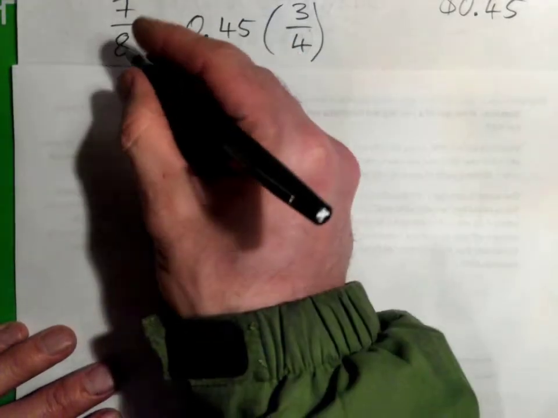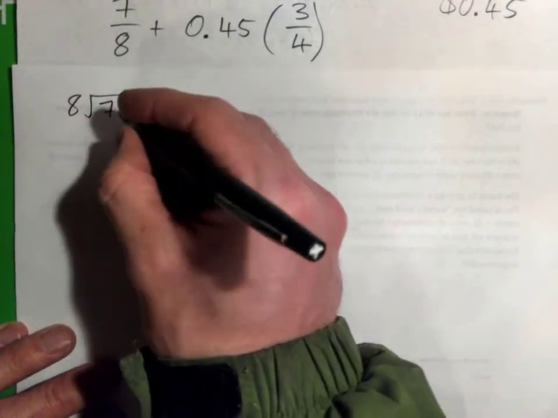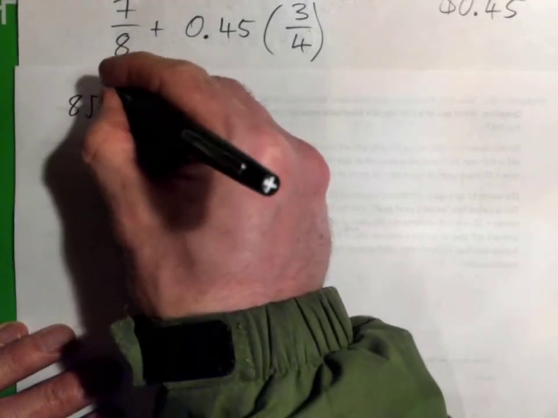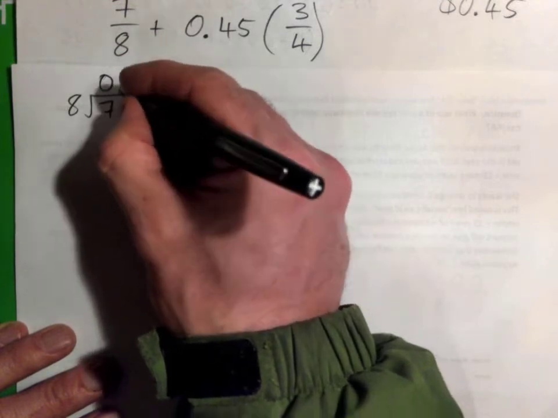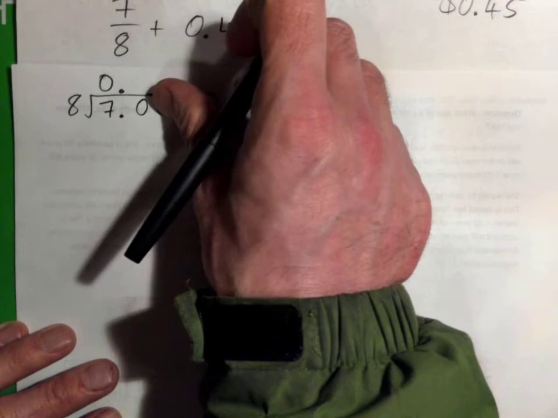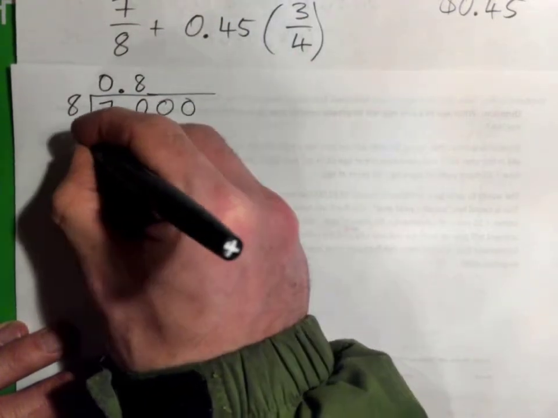So if we had done it in decimals, though, it's still a bit of work because you've got to turn this into a decimal, right? So 8 into 7 goes 0 times. So it's 8 into 70. It's 8, 8 is 64. Subtract to get 6.